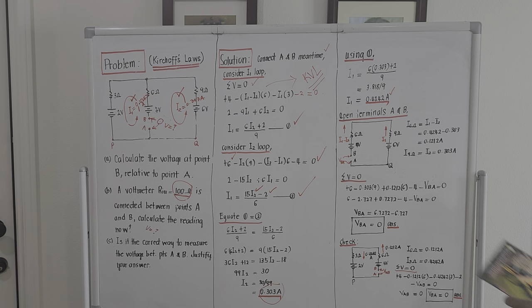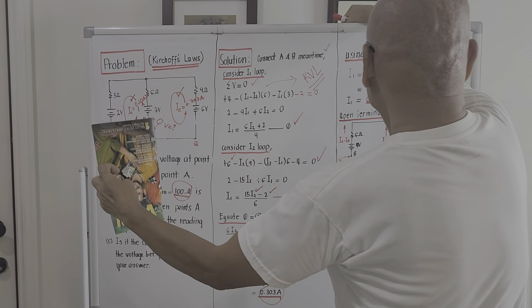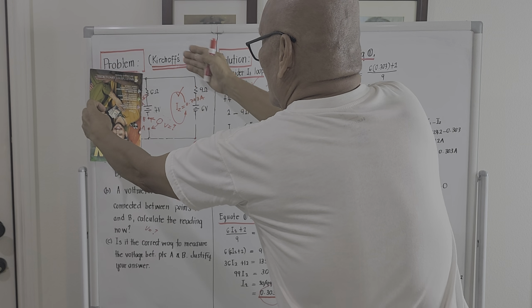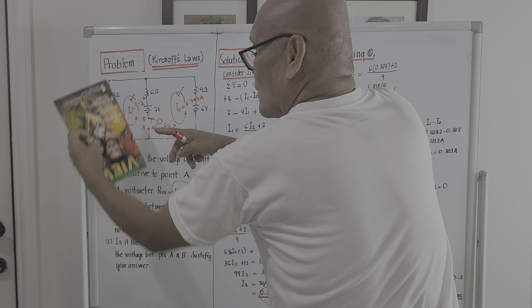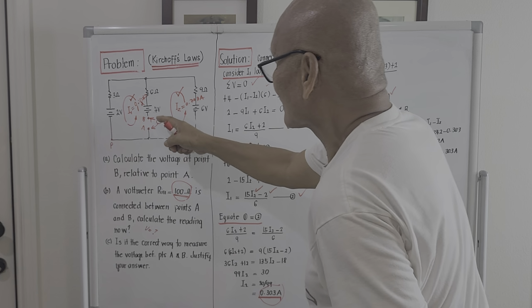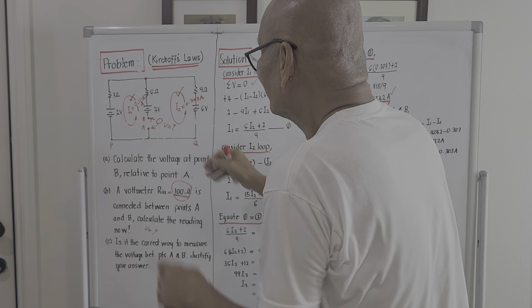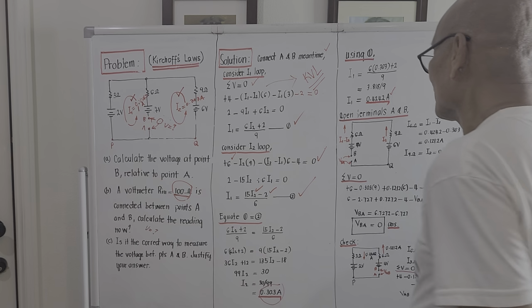If we use the right-hand loop, this one, we know the circulating current. Mr. Werakod is asking for the voltage across B and A, so we open it, we place the voltmeter. What will be the voltmeter reading? We could do that now by using Kirchhoff's voltage law.